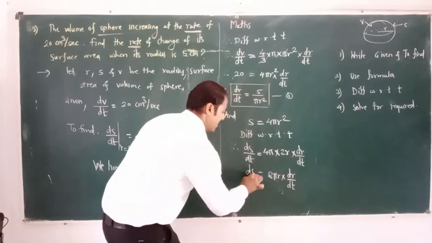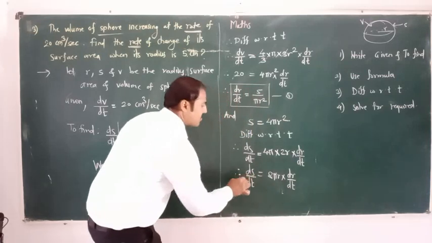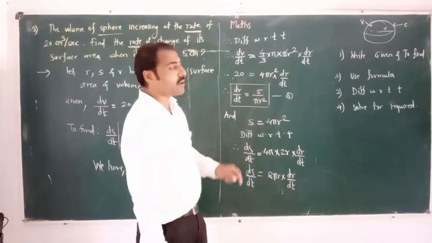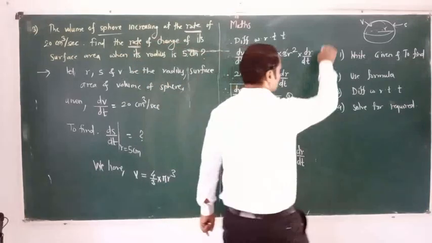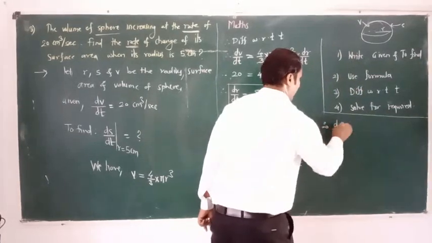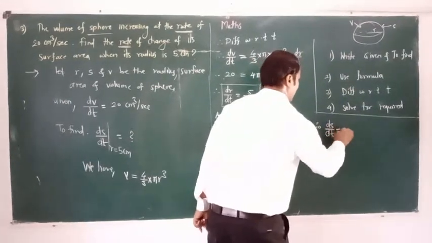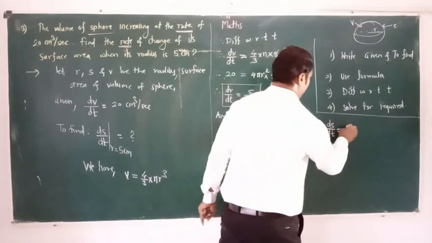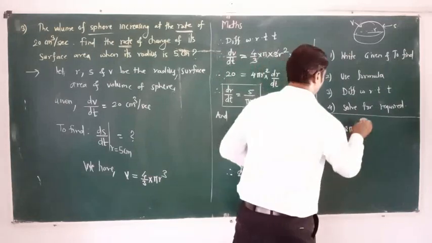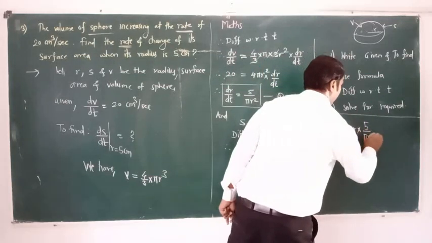But here from equation first, dr by dt is what? 5 divided by pi r square. So I can write here, therefore dS by dt is equal to 8 pi r into 5 divided by pi r square.